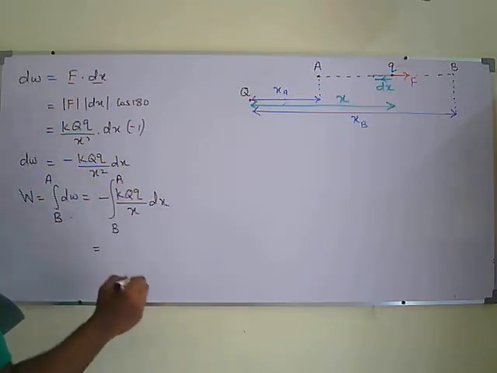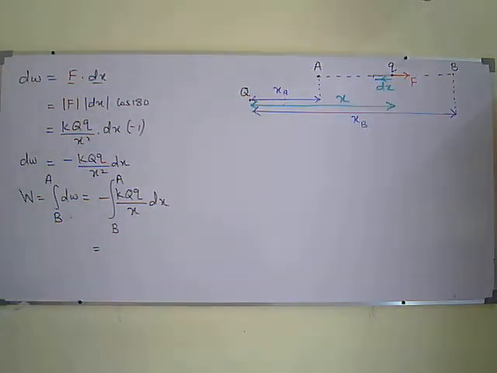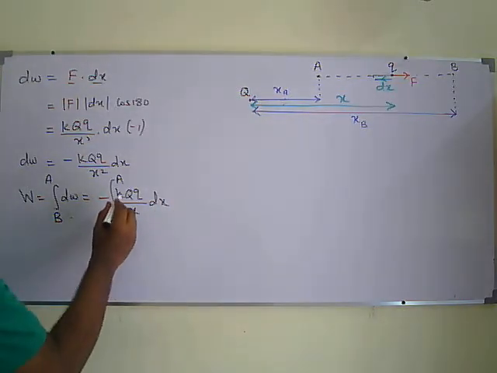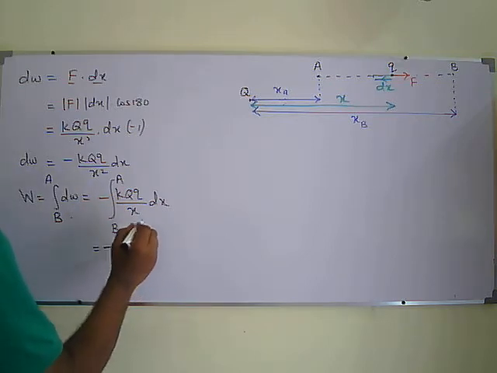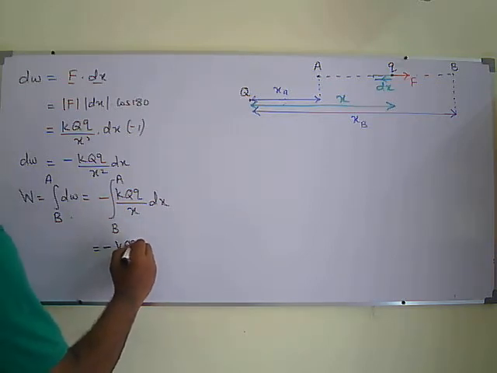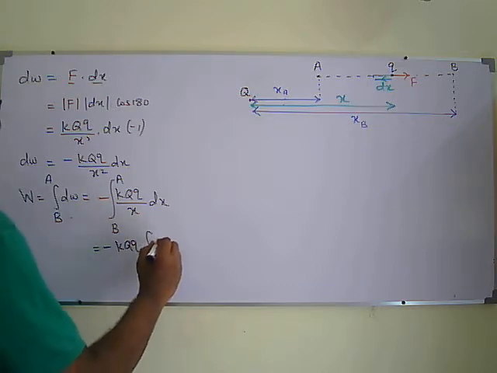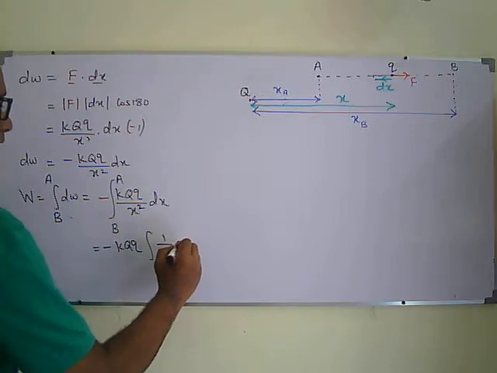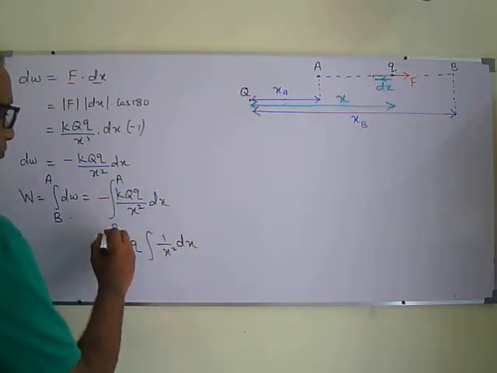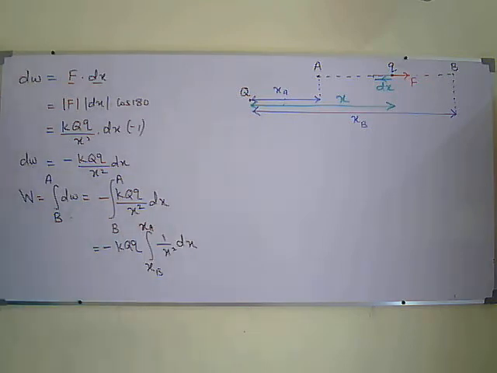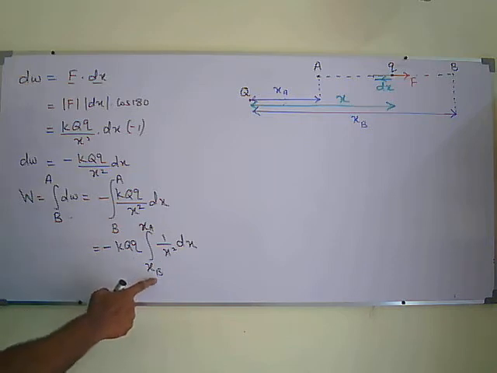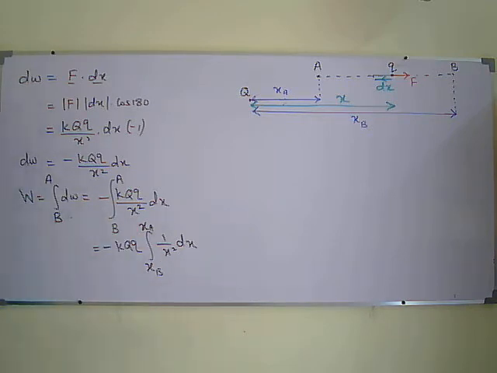So that will be from xb to xa. I can take the minus out, minus kQq common, integral of 1 over x squared dx. B to A means in terms of x, the limits are xb and xa, is it?